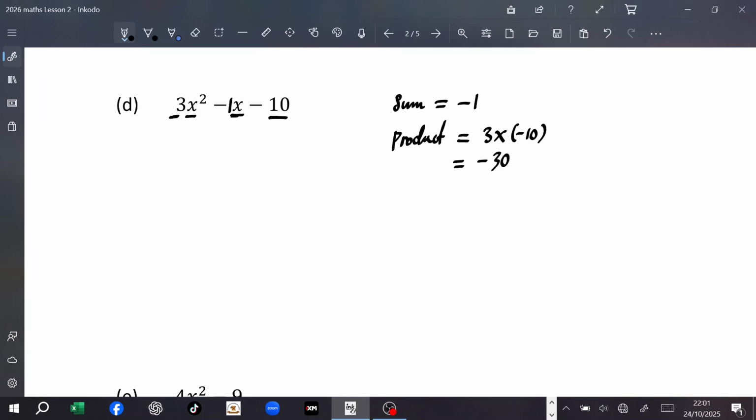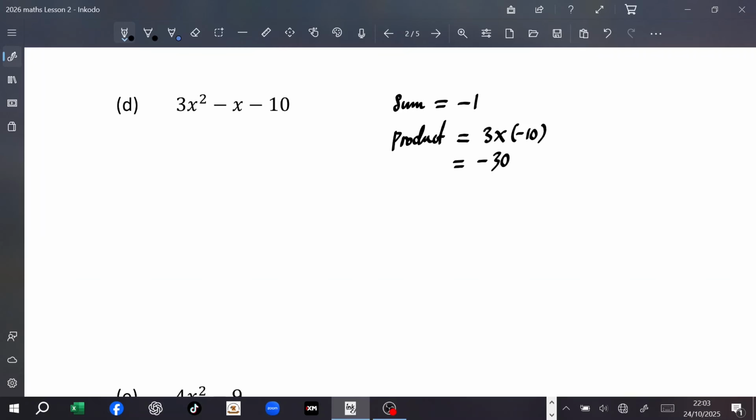So now we have seen that, all right, the product is negative 30 and the sum is negative 1. So we need to look at two numbers.